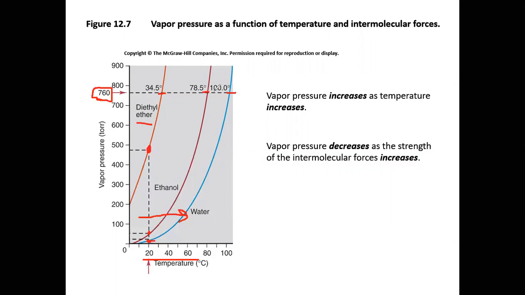So for water at 1 atmosphere, water boils at 100 degrees Celsius, ethanol at 78.5, and diethyl ether at 34.5. So again, the lower the boiling point, the weaker the attractive forces are.